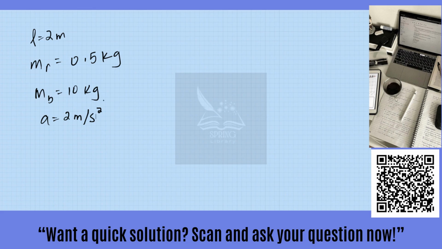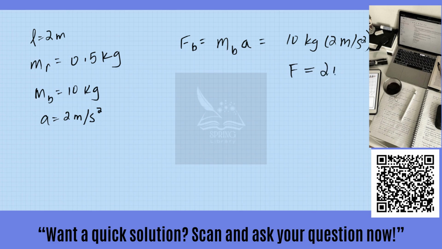For the rope, let's start with the block. For the block, it's the mass of the block times the acceleration. The mass is 10 kilograms, and the acceleration is 2 meters per second squared. So that means this force is 20 newtons.